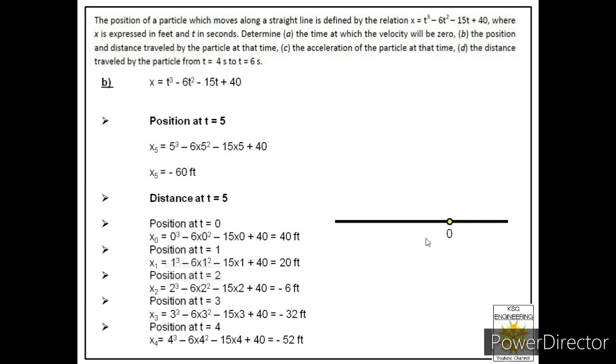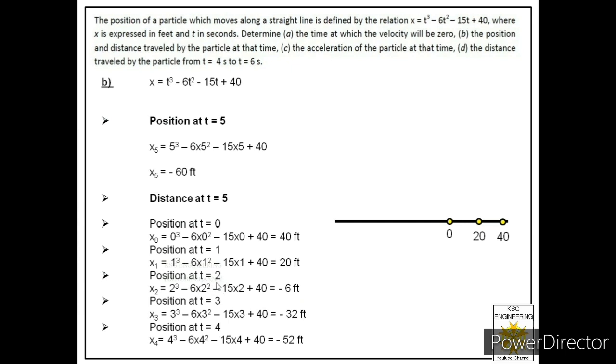So 40 feet means positive side. It means from origin we have to move 40 feet towards the right. So this was the position of the particle at time t equal to 0. But at time t equal to 1 second, its position was at 20 feet. So let us label that also.